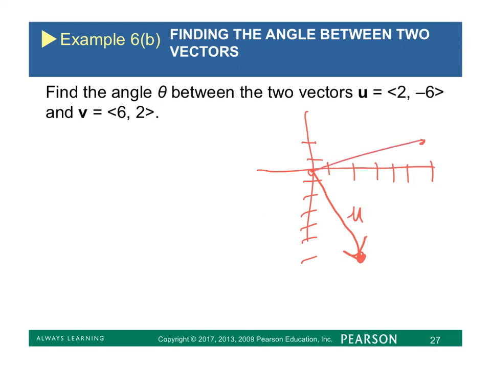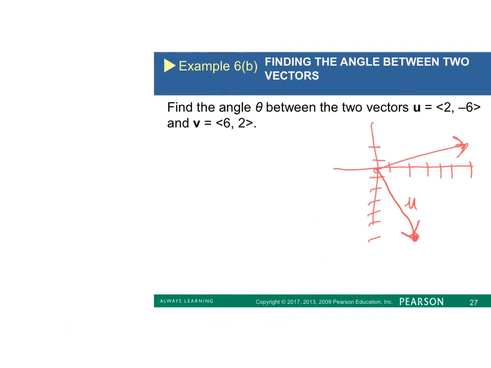Vector goes here. And that is a lot bigger than I had on the last problem. But we won't let that scare me. Still, I'm looking for this angle here, theta.